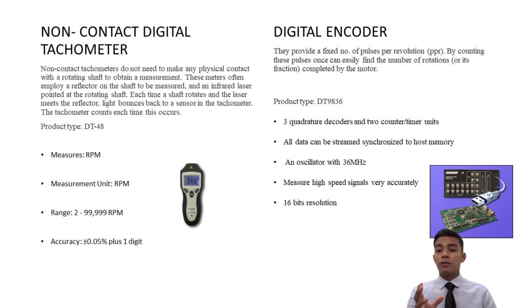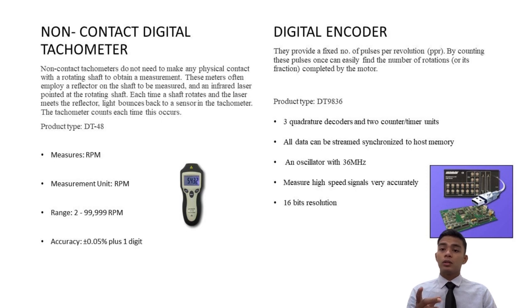This meter often employs a reflector on the shaft to be measured, and an infrared laser pointing at the rotating shaft. Each time a shaft rotates and the laser meets the reflector, light bounces back to a sensor in the tachometer. The tachometer counts each time this occurs.